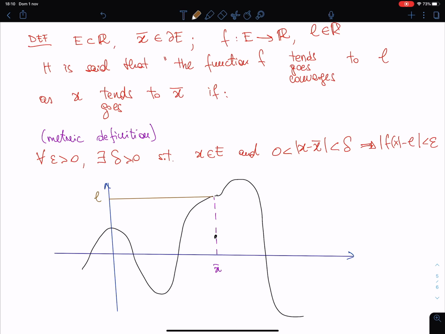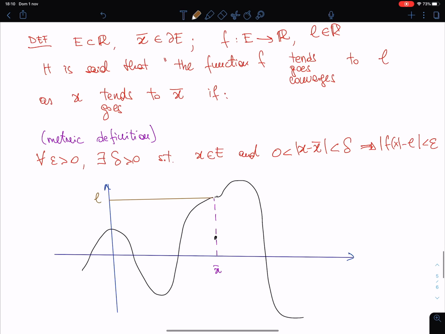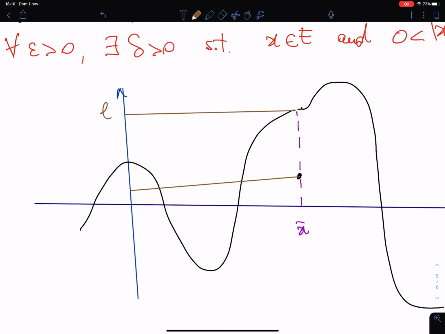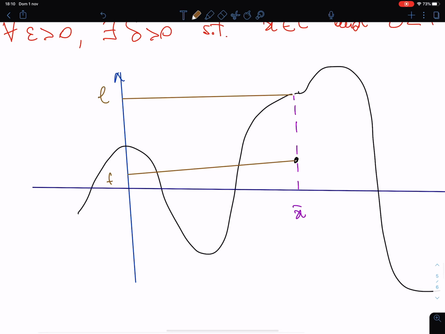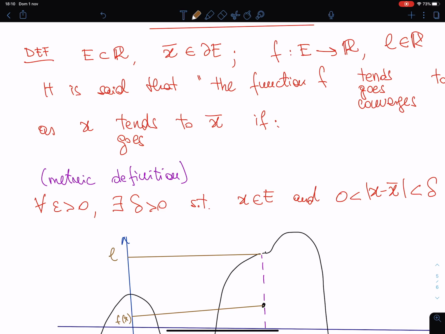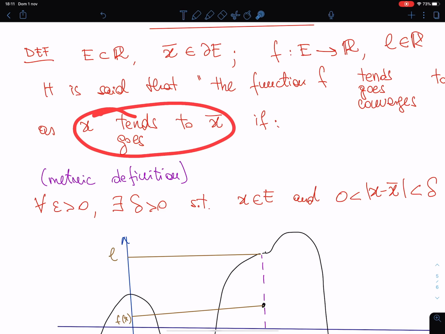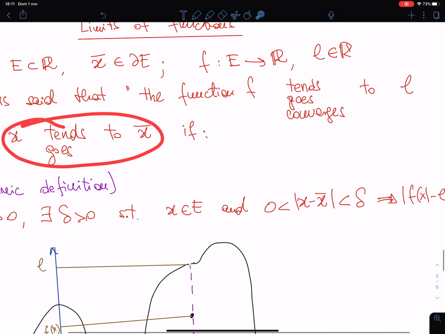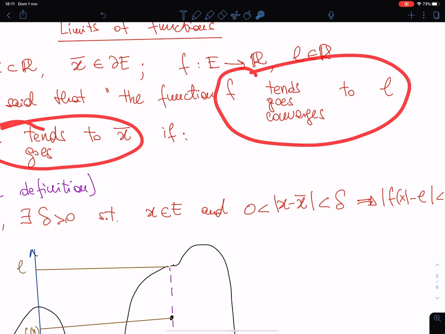And just to make things a bit more complicated but more complete, here I put f of x bar. So that has really nothing to do with L. It is completely different. But this is a good picture for this situation. As x tends to x bar, the function f tends to L.